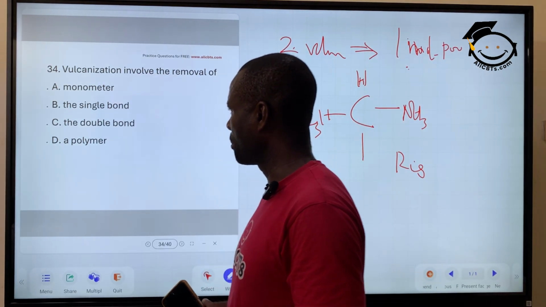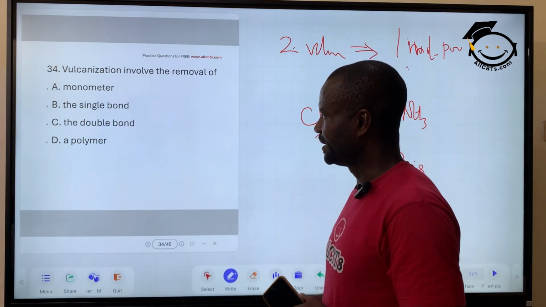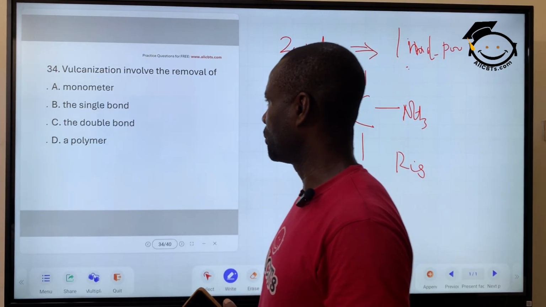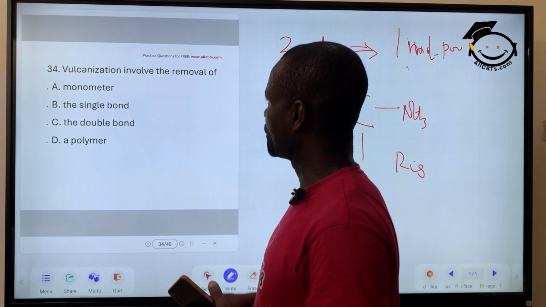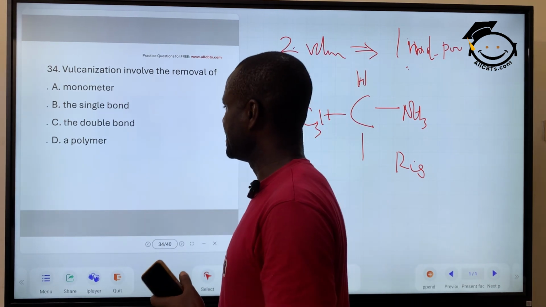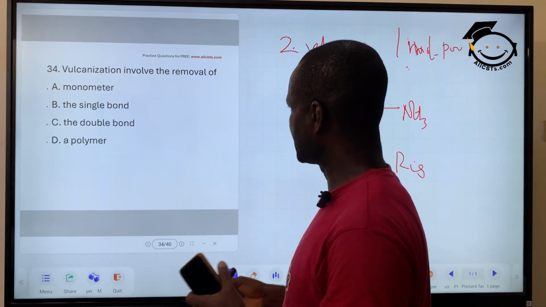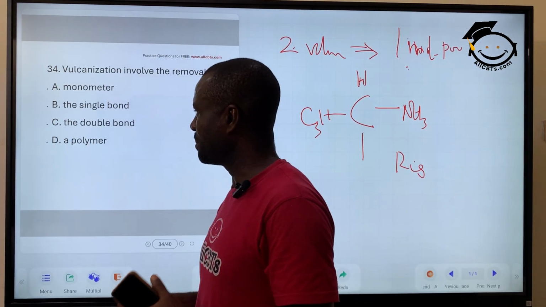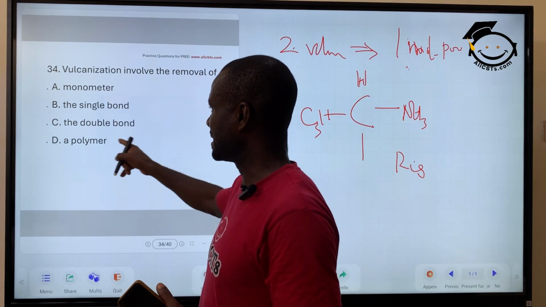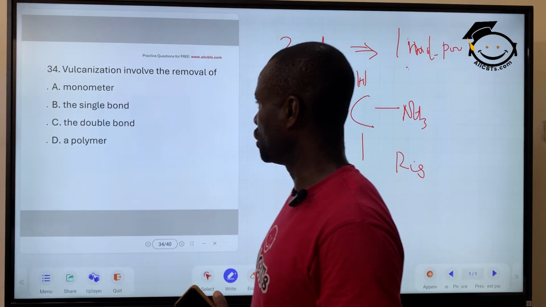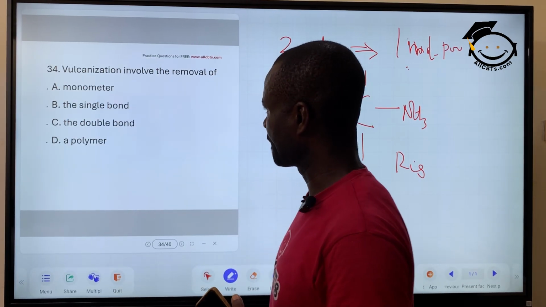C. The double bond. D. A polymer. What vulcanization does is that it breaks the double bond, making it a single bond, thereby making the rubber stronger. So the correct answer is that it breaks the double bond. Correct answer is C.